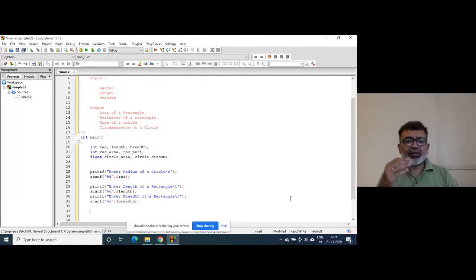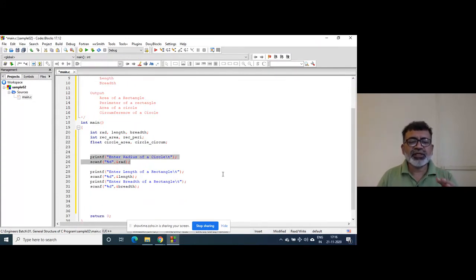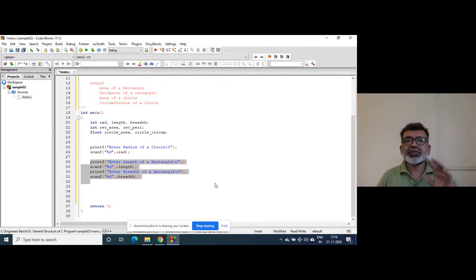So I'm making a division of that as well. So this will be the input and output statements for the circle. One blank line is left. Then these will be the input and output statements for taking input for the rectangle. Again, one blank line I'm going to leave over there.